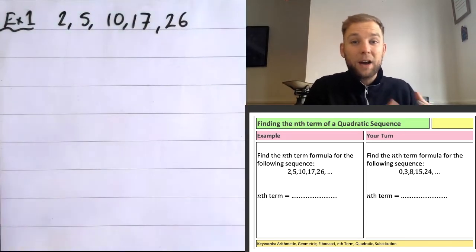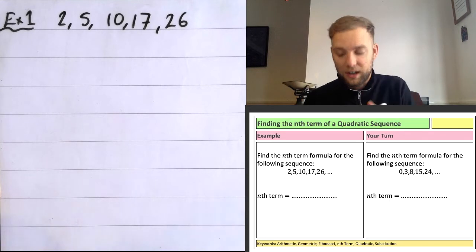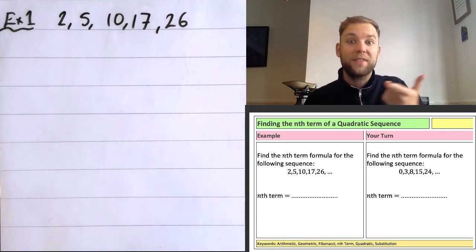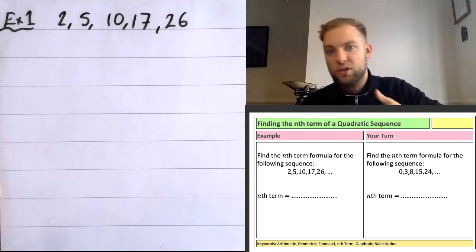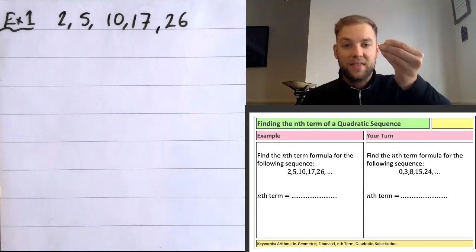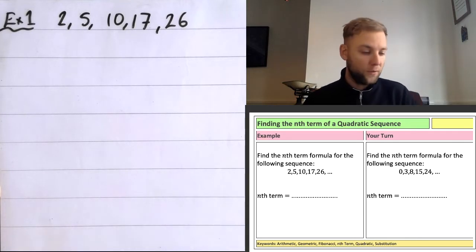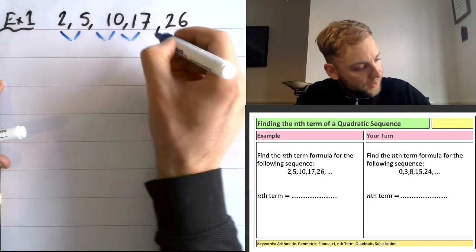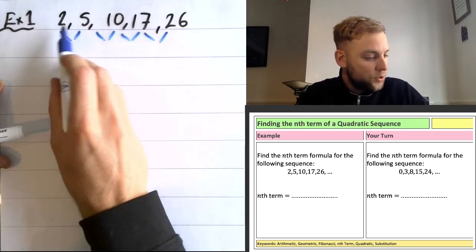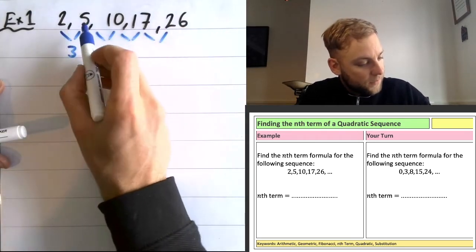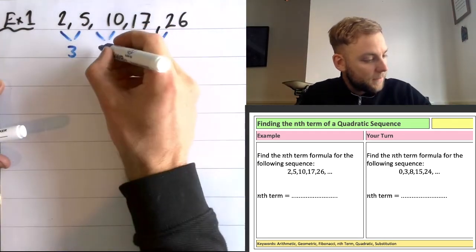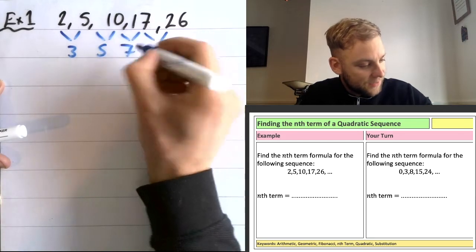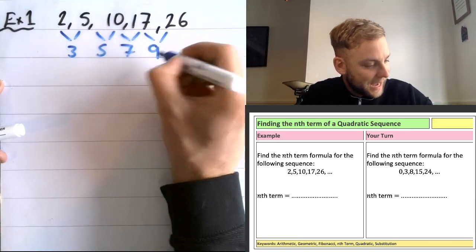Now you might think to yourself, how do I know that this is a quadratic sequence and not a linear sequence? The first thing you do when you're finding a linear sequence is you find the common difference. So when I do that, from 2 to 5 is 3, 5 to 10 is 5, 10 to 17 is 7, and 17 to 26 is 9.